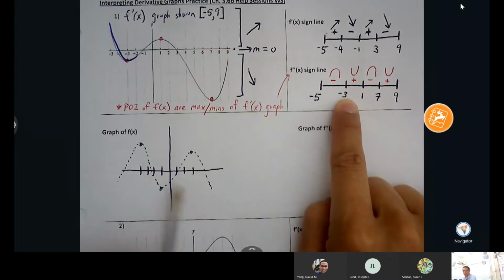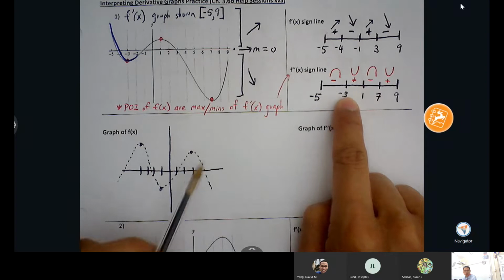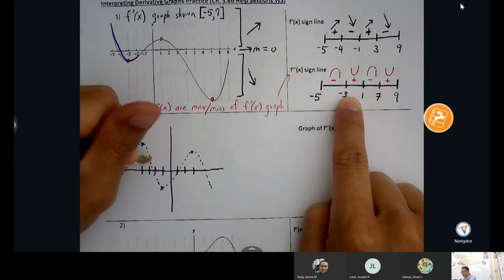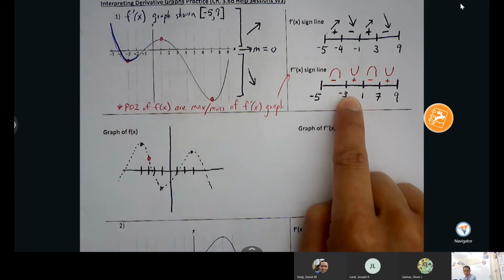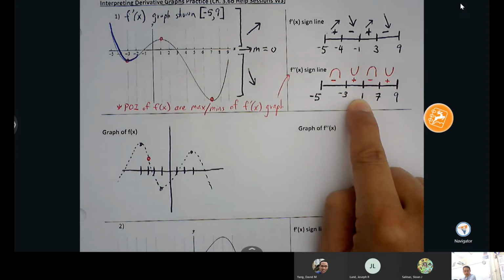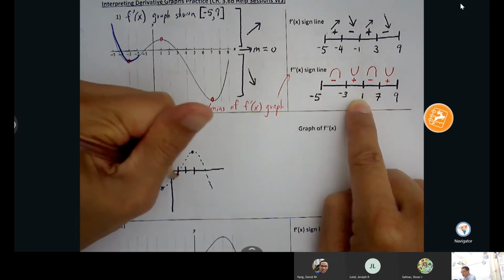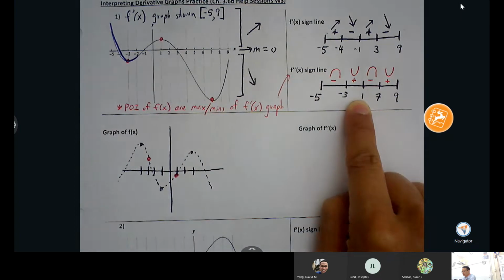So I'm just going to look to see, okay, I made my rough sketch. Where does -3 fall on my rough sketch? So -3 looks like it's falling somewhere around here, and I'm just going to mark wherever I had it on the graph. 1 is somewhere here. And then 7, oh, I need to go a little further.